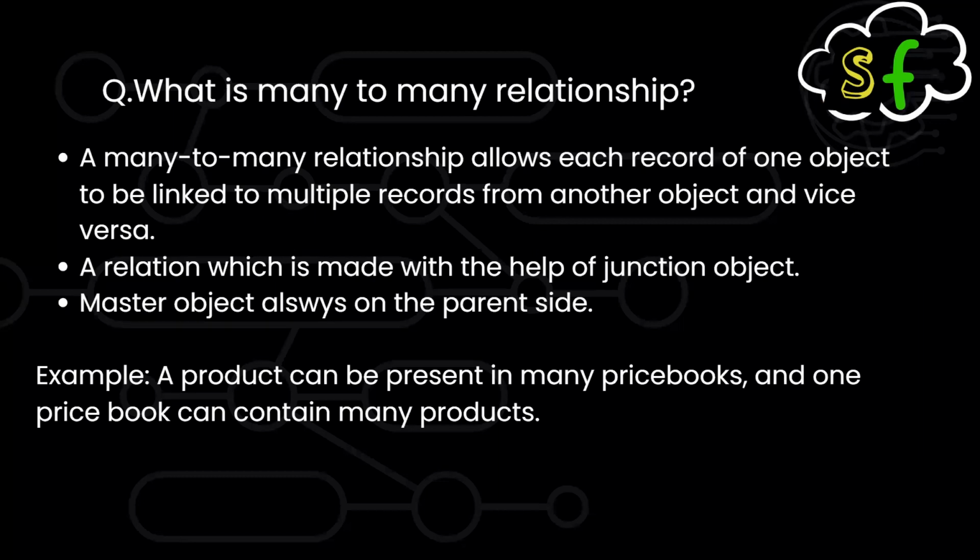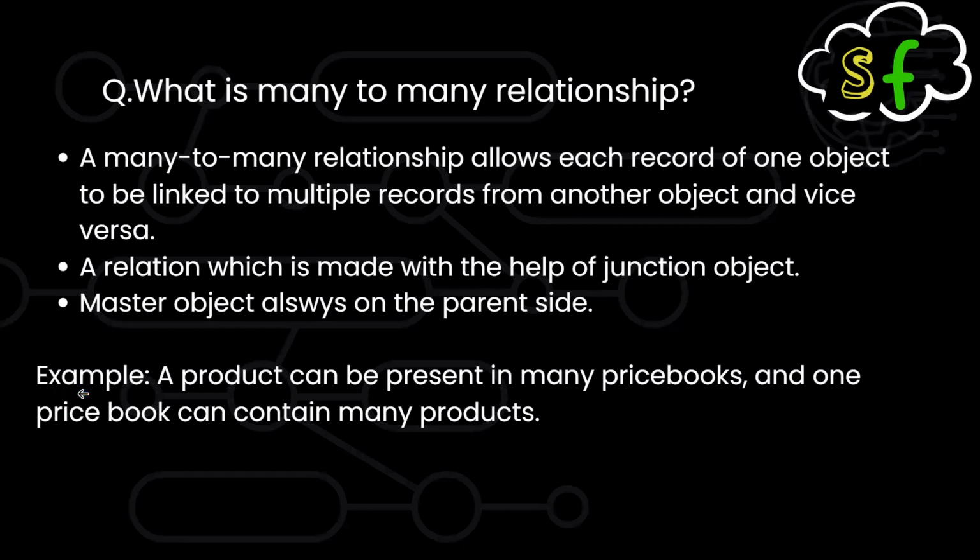This is a mandatory part and a differentiating statement: whenever we make a many-to-many relationship, the standard object will be on the parent side or master side of the relationship, and a standard object can never be on the detail side. I have also explained this in my other videos, so you can search on the channel and you will find other videos regarding this.